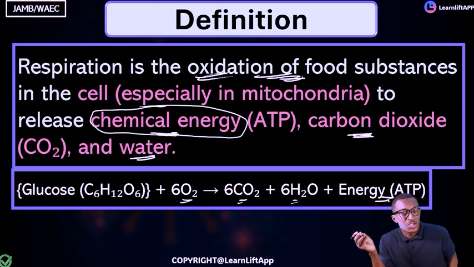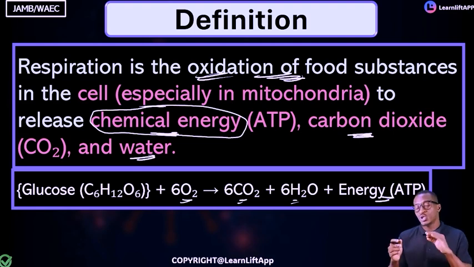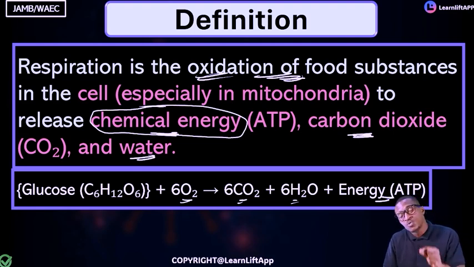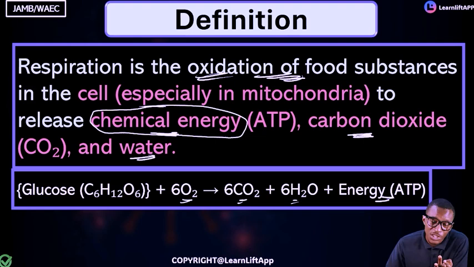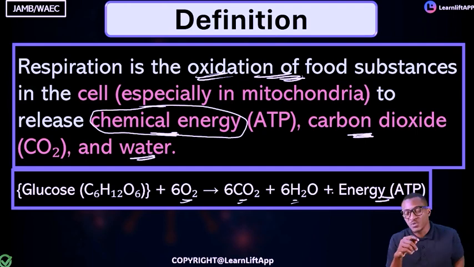And we need this energy to carry out our activities. Everybody watch: respiration is the oxidation of food substance in cell to release energy, CO2, and water. Just remember this formula. When oxygen combines with food, that means oxidation of food to release CO2, energy, and water, is what? Respiration. Do you understand that?